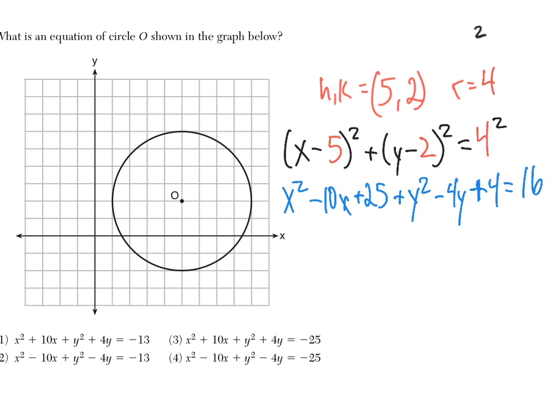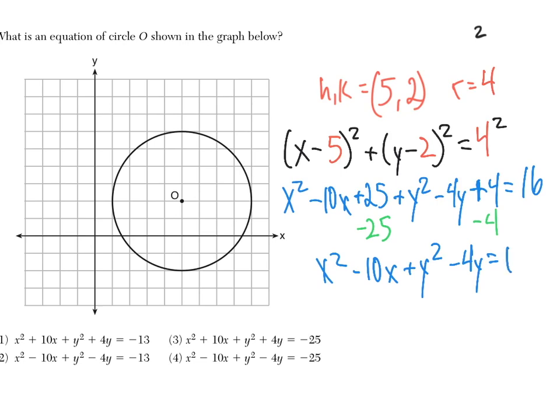Now we're going to subtract 25, and we're going to subtract 4 from both sides, and we are left with x squared minus 10x plus y squared minus 4y equals what? It's 16 minus 25 minus 4.